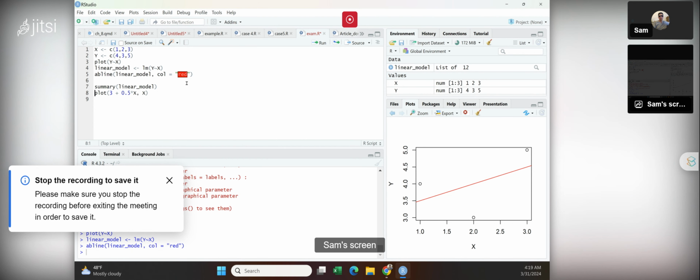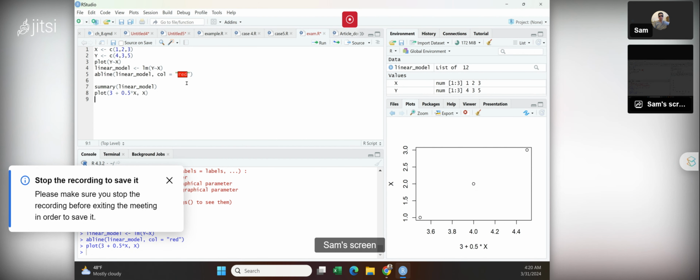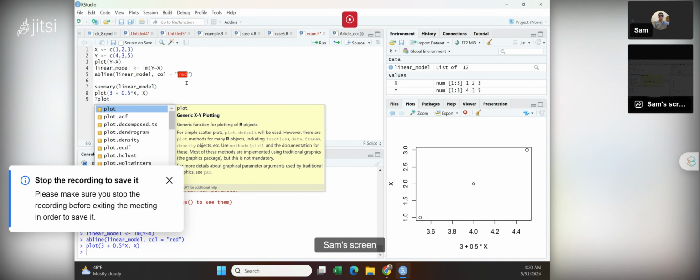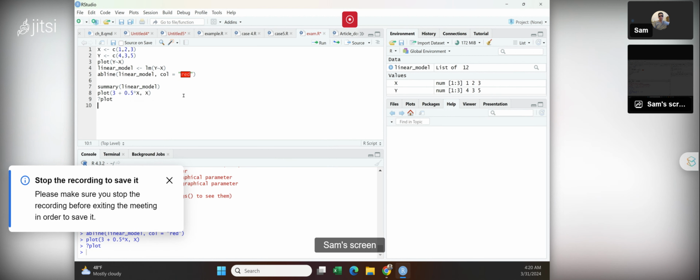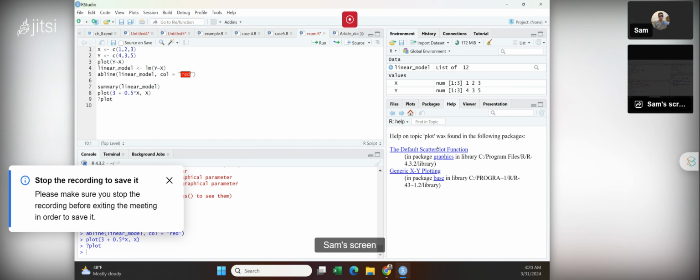Just a second. Give me a second to see how we can add here.